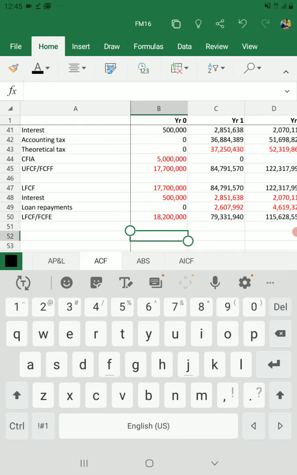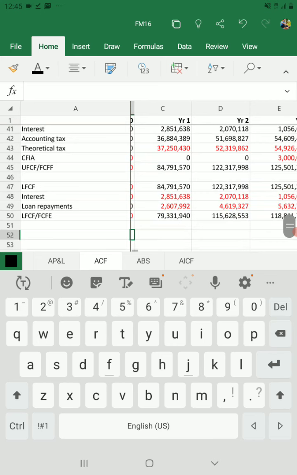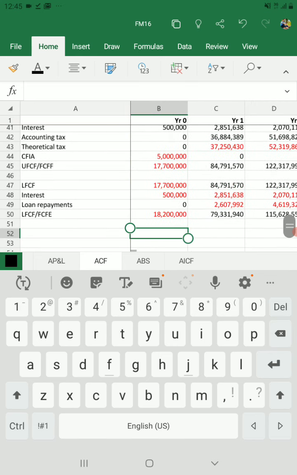So we don't need this component here. For our planning purposes, for our computation of valuation for this business, we don't need this levered free cash flow component, so we will hide this.